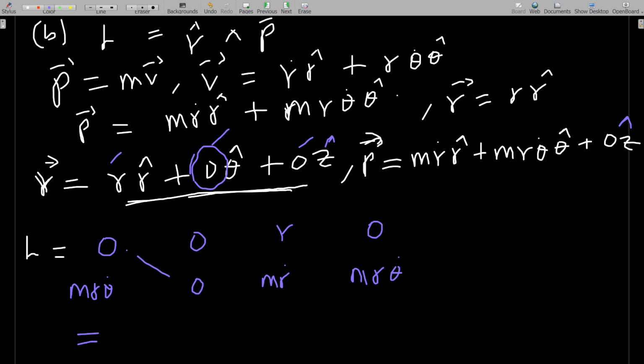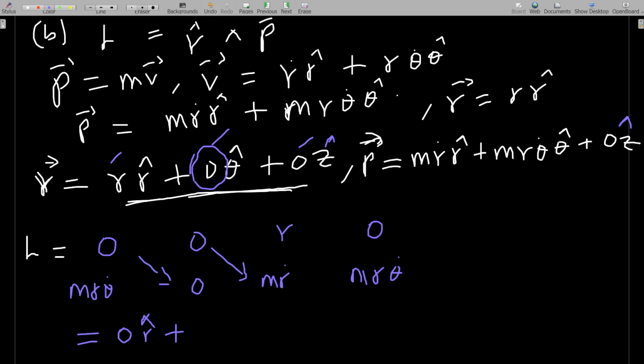Now the cross product of this is very simple. You do this times this minus this times that, and that is the first component. So 0 times 0 minus m r theta dot times 0 will give you still 0 r cap. Then you go to the next one. This one you do plus, then this times this minus this times that. The multiplication goes this way.